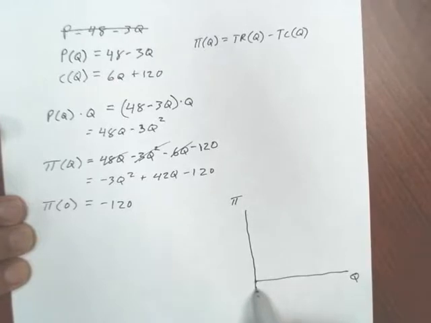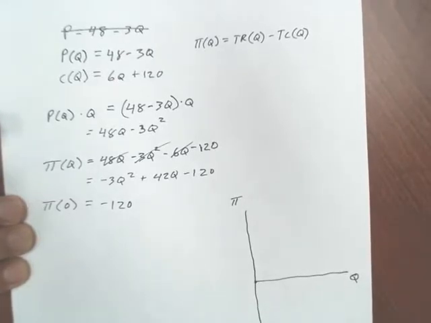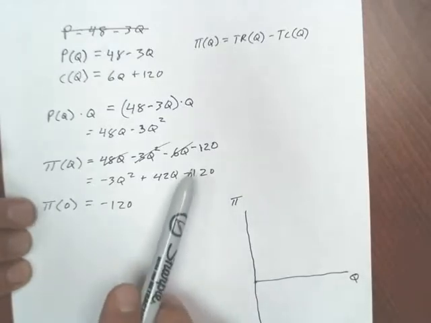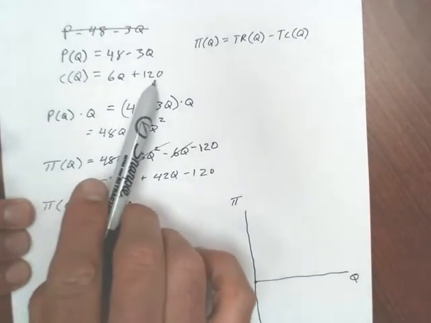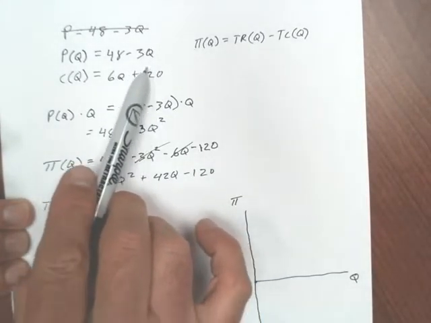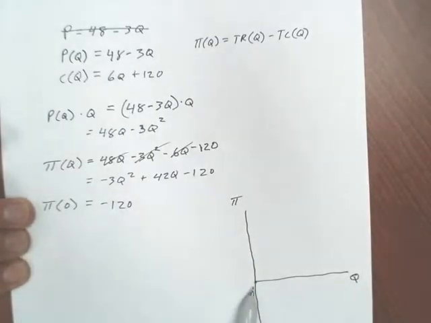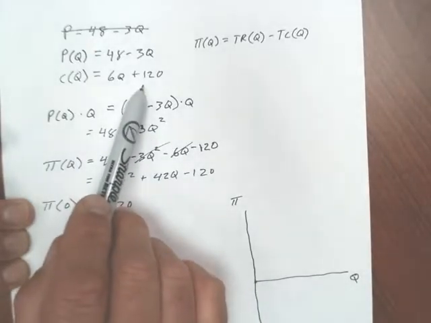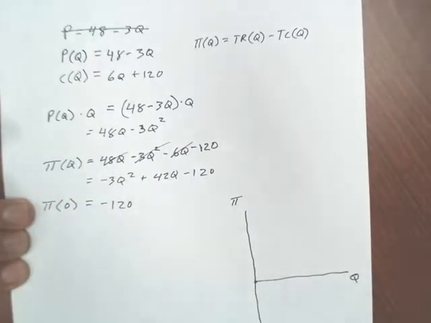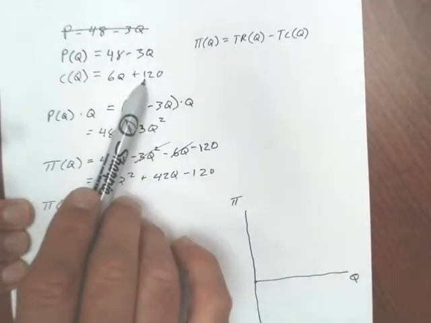Now that may seem weird, but it makes sense. Why? Because this right here is fixed costs. If I'm producing nothing and I'm fully shut down, I still owe my fixed costs. Therefore, my profits are going to be negative by the same amount as my fixed costs.